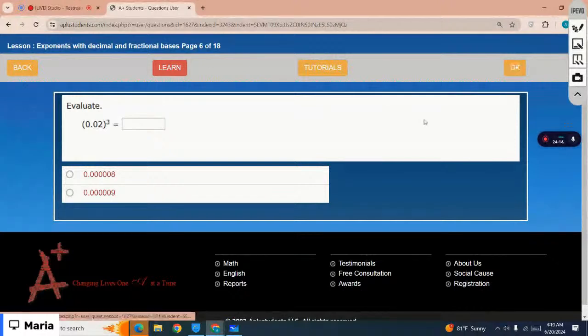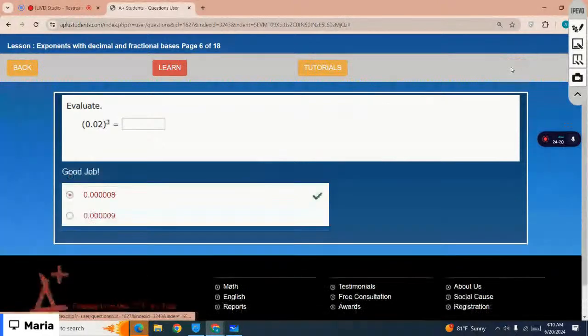Yes, that is option number 1. So you have to multiply the base exponent times, right?